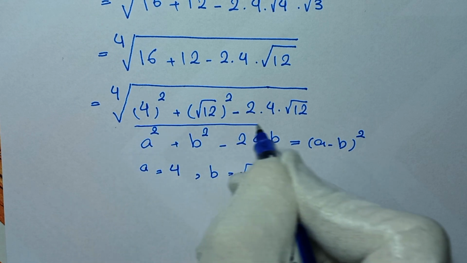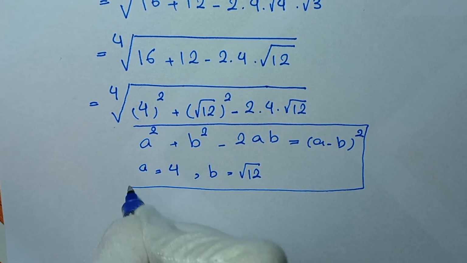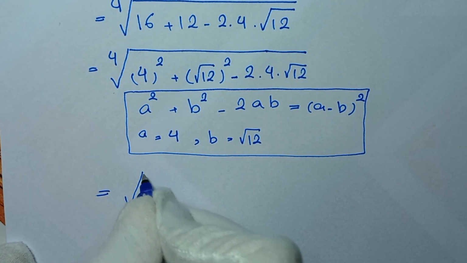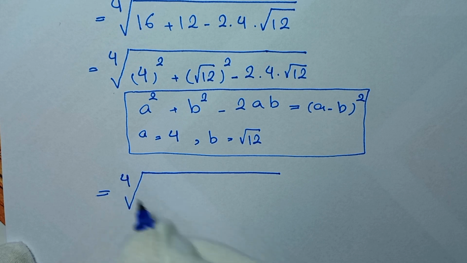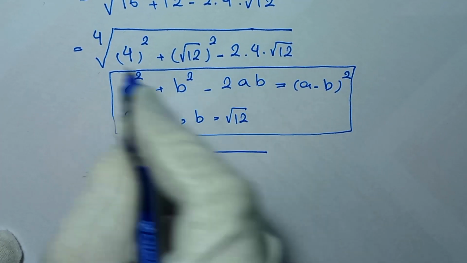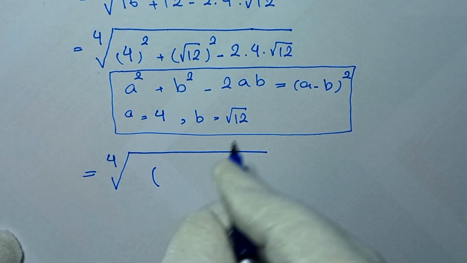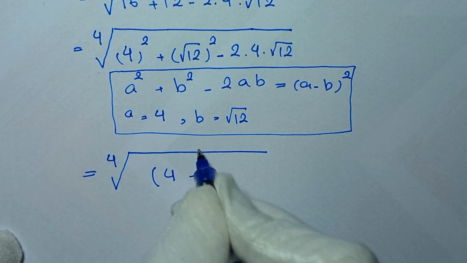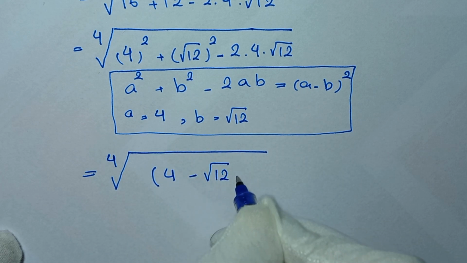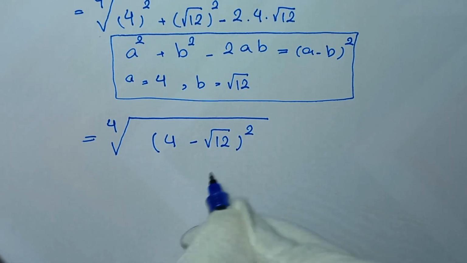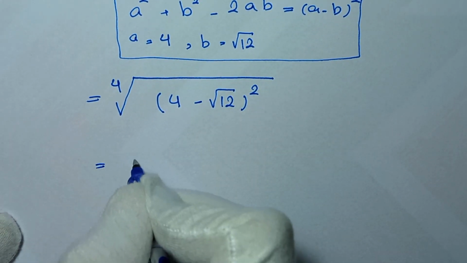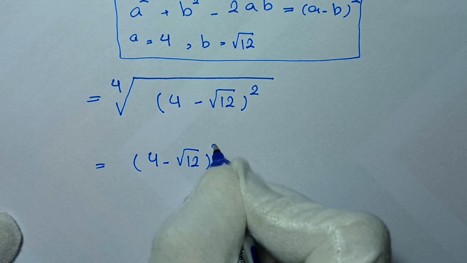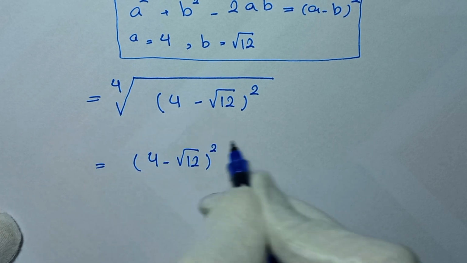So in the next step we can write the 4th root of, and we write this in this form: a is 4 and minus b is square root of 12, and to the power of 2, and this is equal to 4 minus square root of 12 to the power of 2.